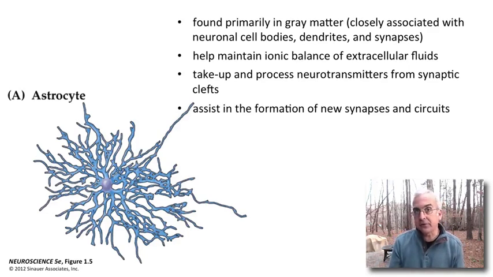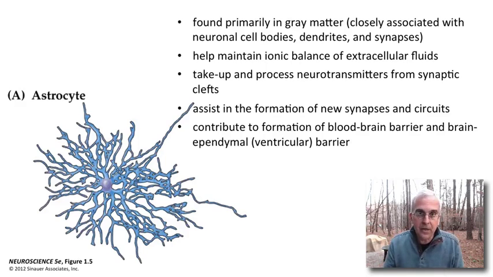As I mentioned, astrocytes are the glial element that assists in the formation of new synapses and new circuits within gray matter. This is, again, a newly discovered property of astrocytes, and it's one that is opening up new opportunities for research as well as potentially new therapies for intervention for individuals who've had damage to their brain or spinal cord.